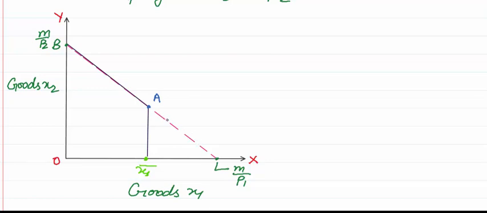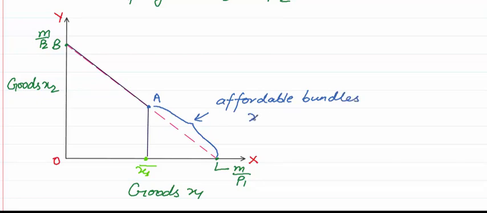This lopped off piece consists of all the consumption bundles that the consumer can afford. So here these bundles are affordable consumption bundles. But in this case, we have X1 more than X1 bar. Since the consumer cannot consume more than X1 bar, these goods cannot be purchased.